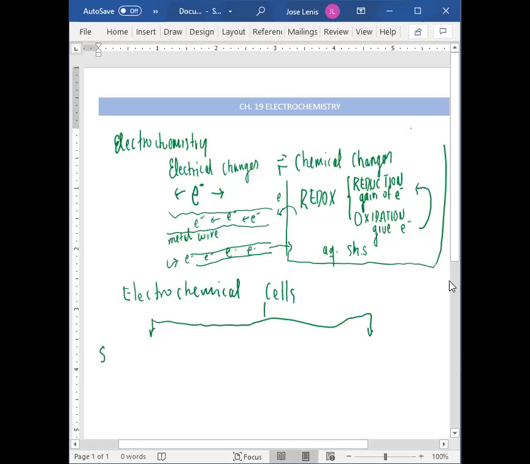So in this case, we have a spontaneous redox reaction to generate electricity.